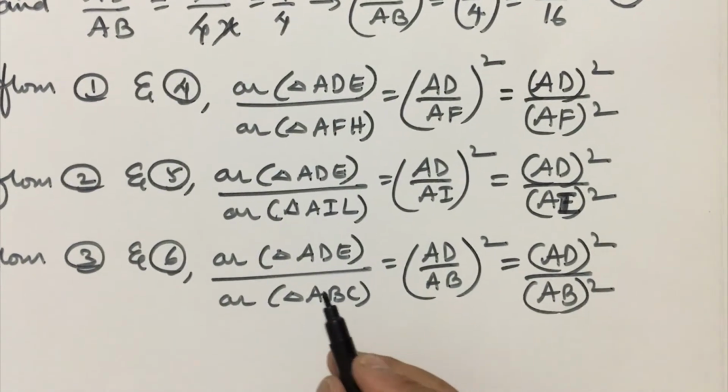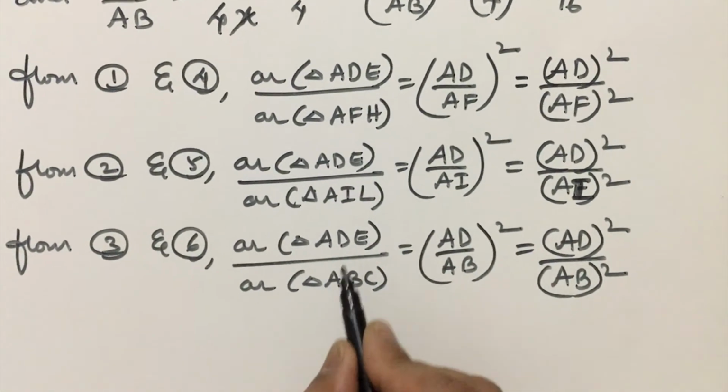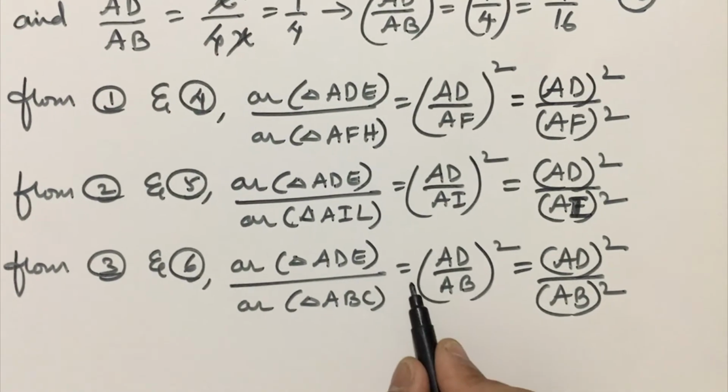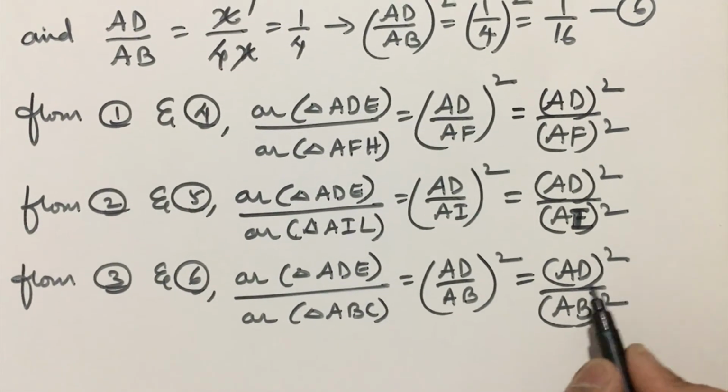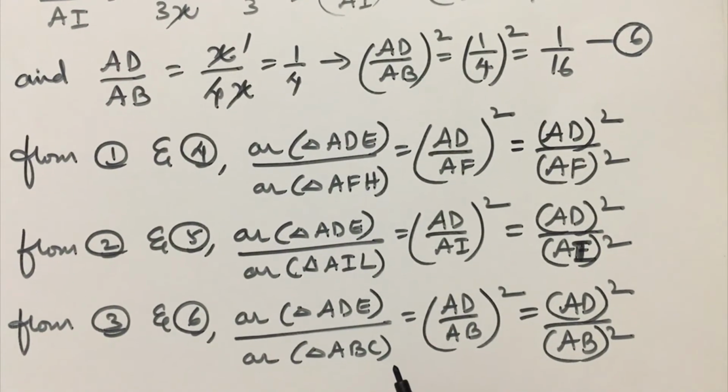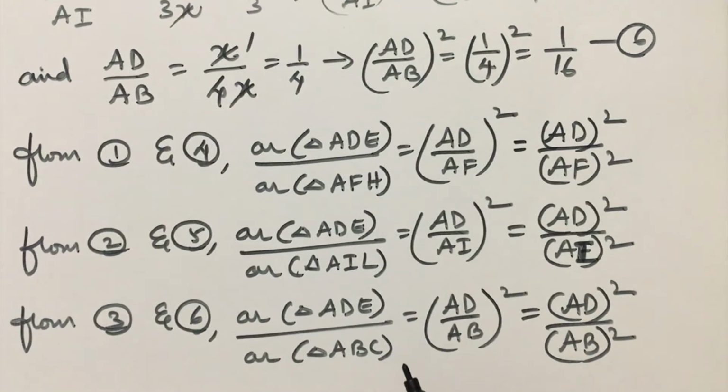So what I got here: if any two triangles are similar, then the ratio of their areas is equal to the ratio of the squares of their corresponding sides. This is what we observed in this activity. So, let us prove it theoretically.